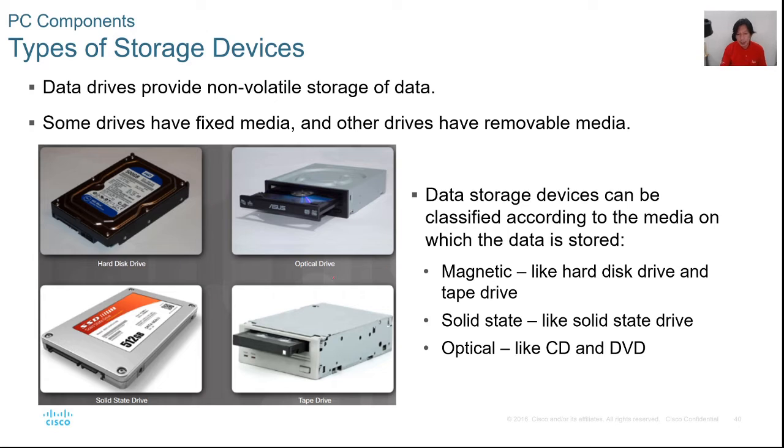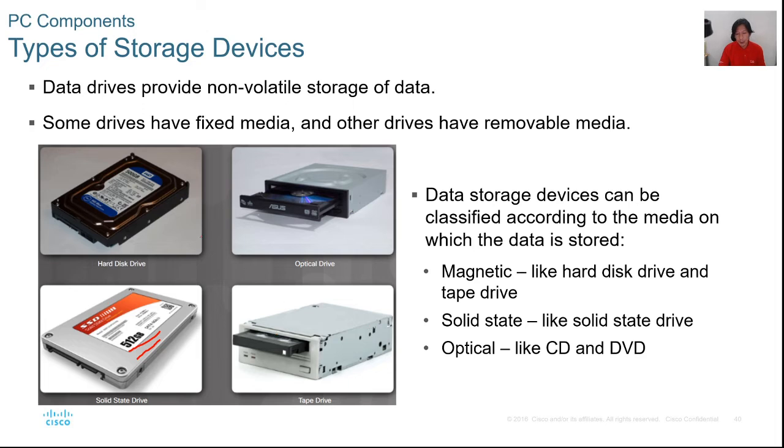We do have the optical and tape drives. There is also the older hard disk drive, which we're currently still using, that has a motor and magnetic disk inside. And also we have the SSD, which is mostly the current standard nowadays. We do still have the hard disk drive, but we now have the solid state.